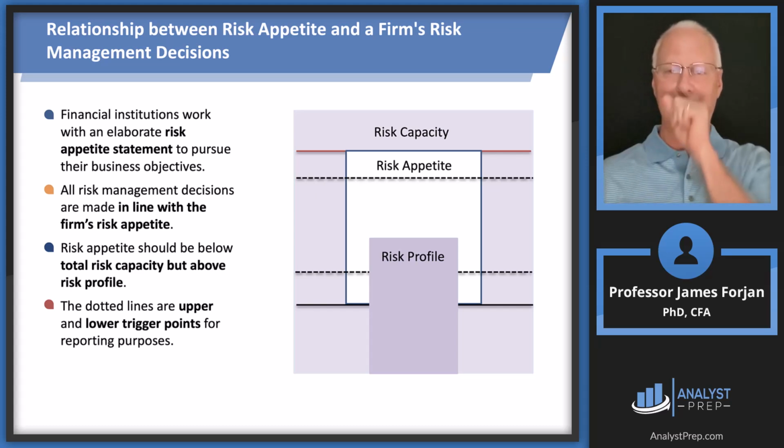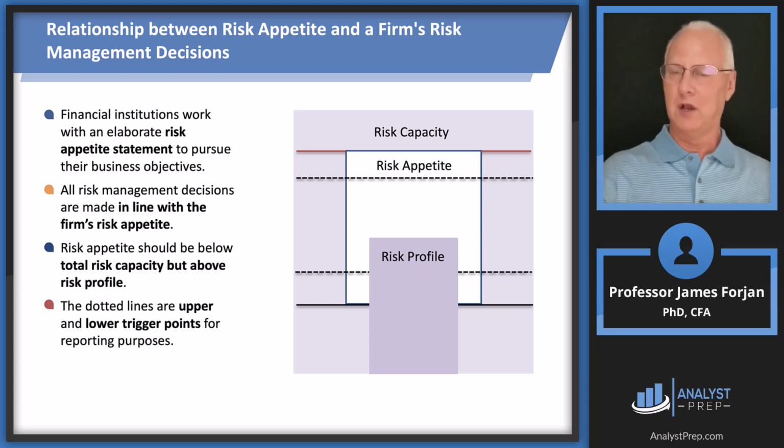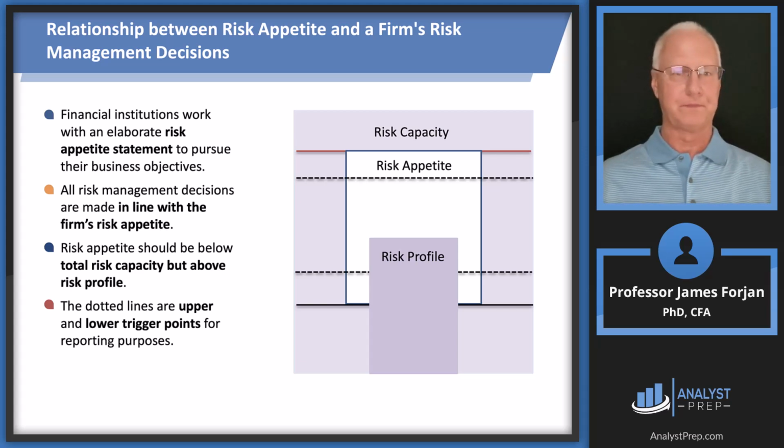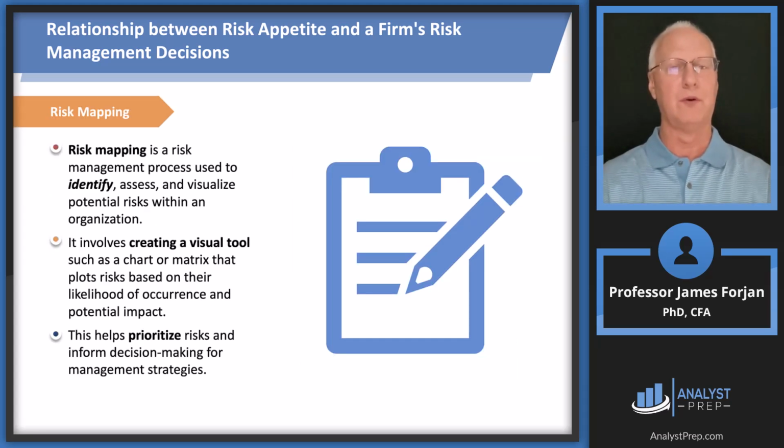Notice the dotted lines. These are probably some kind of an upper and a lower, kind of a benchmark point, kind of a reference point. I think the chapter calls it a trigger point. And that trigger point then goes hand in hand with whatever the governing bodies are telling us what we need to do.